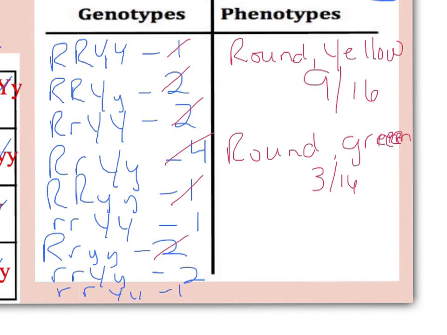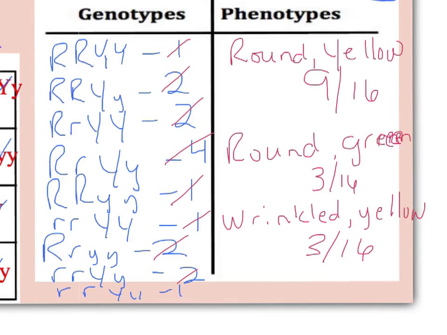And then I have wrinkled and yellow. And with wrinkled and yellow, I have one of these two, so I have 3 out of 16. And then my wrinkled and green, I have 1 out of 16.